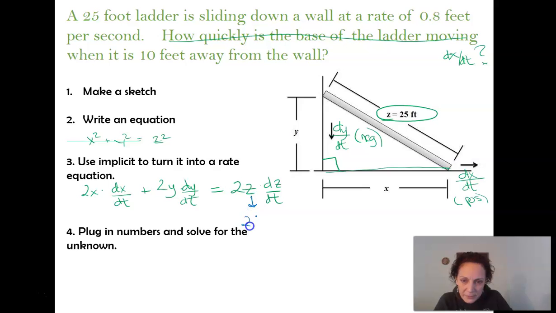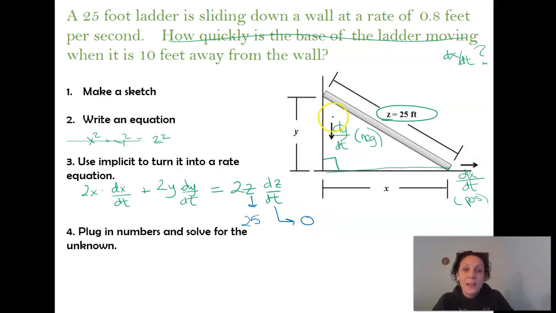Also worth noting, its length isn't changing. So I also know, without them saying, what dz/dt is. z isn't changing. That ladder is staying a constant length. So my dz/dt here is 0.